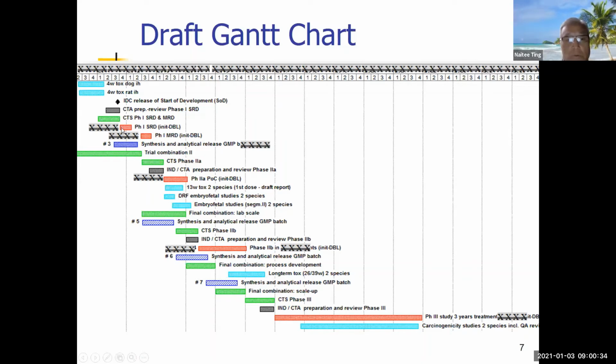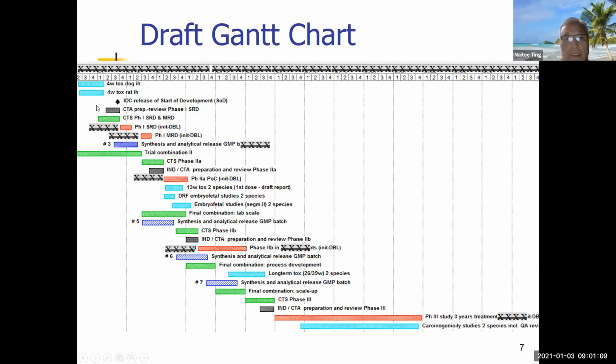So we see phase 1, SRD, and I will explain these terms, SRD, MRD, and things like that. Right around this time, 2022, about the third or fourth quarter, the drug will move into clinical. In other words, today we're planning for this drug to be developed over the next 12 years.